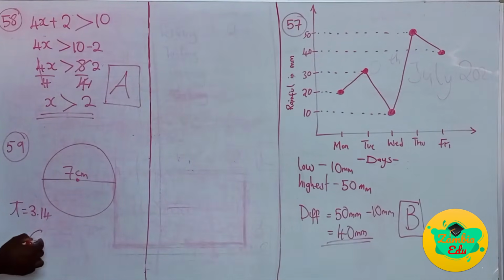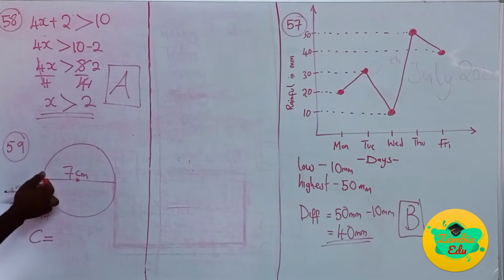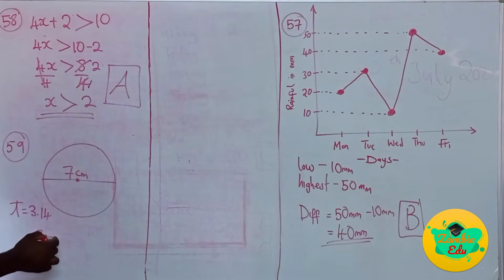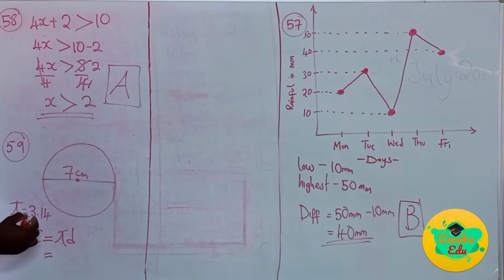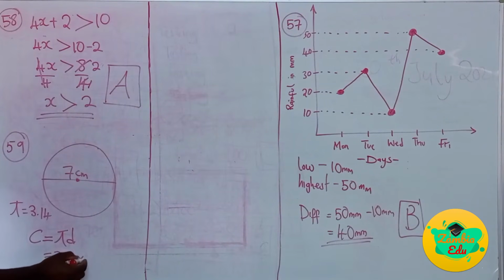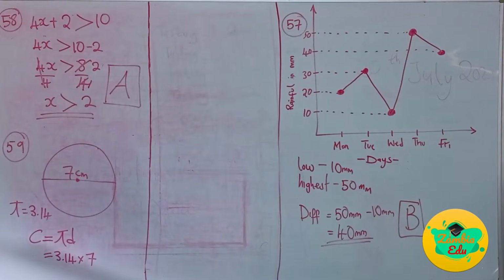So circumference there is equal to, we have that as a diameter, so we say pi times d. Circumference is equal to our pi value, 3.14, times our 7. If we multiply 3.14 times 7, we get 21.98.